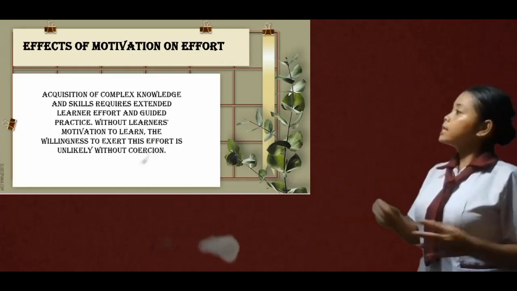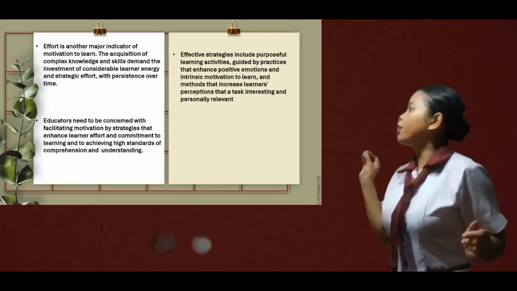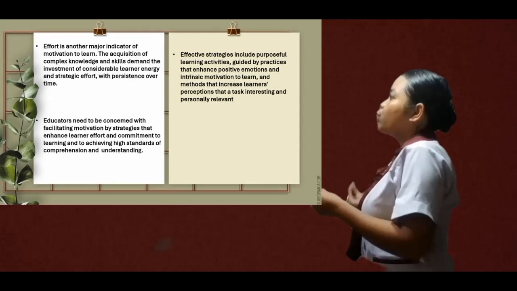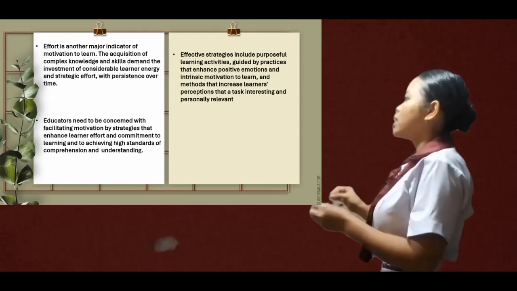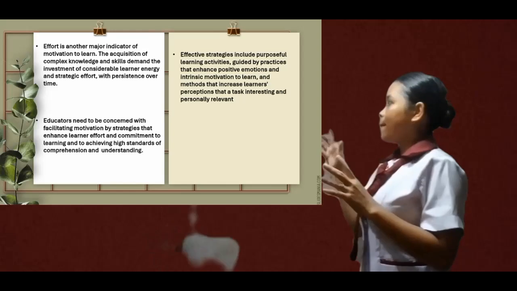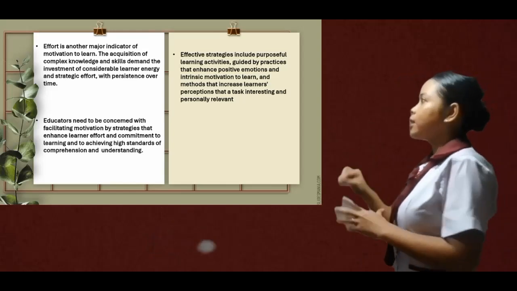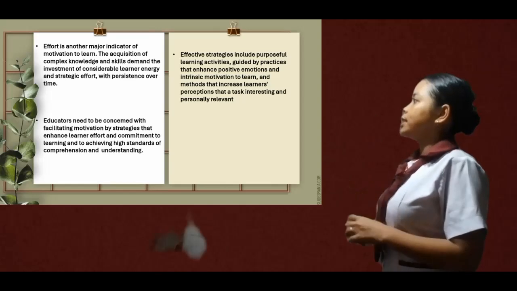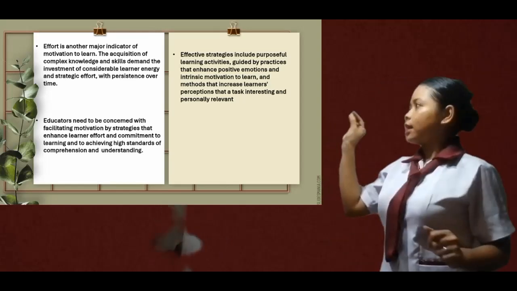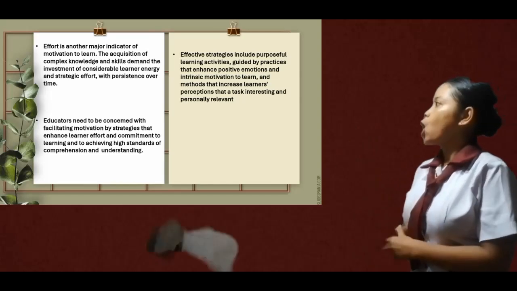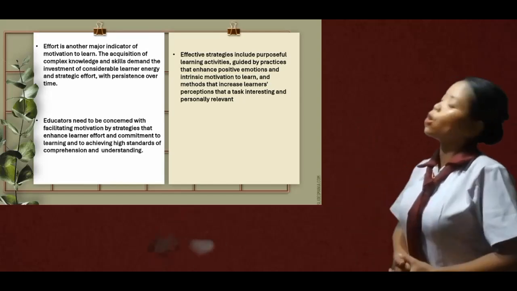Effort is another major indicator of motivation to learn, and acquisition of complex knowledge and skills demands the investment of considerable learner energy and strategic effort, with persistence over time.